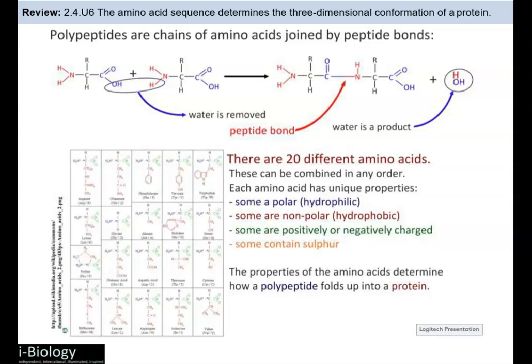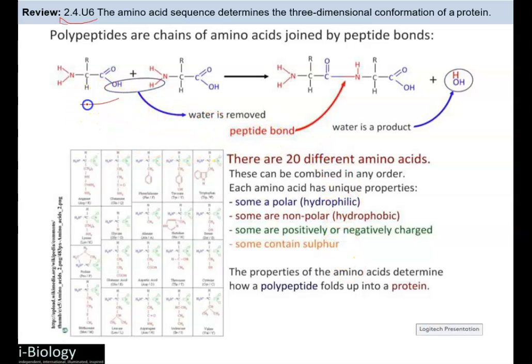From now on, it's mostly review, so we don't have too much talk for the rest of the slides. As you can see, here is the review of 2.4. It is related to peptides and polypeptides, how they are produced by a peptide bond.